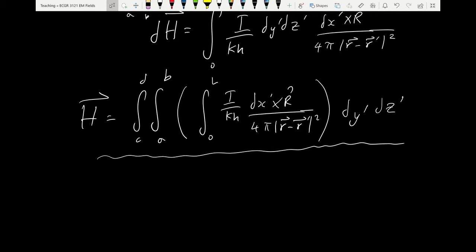Because remember, you have to be mindful of everything inside the integral that could change as you're sweeping the integral. So inside this integral, R hat is going to vary depending on where you are. R and R prime are going to vary, and so on and so forth. Okay, so those integrals are in theory easy to write, very hard to solve, almost impossible to solve unless it's a problem that has some symmetry to it. Right.